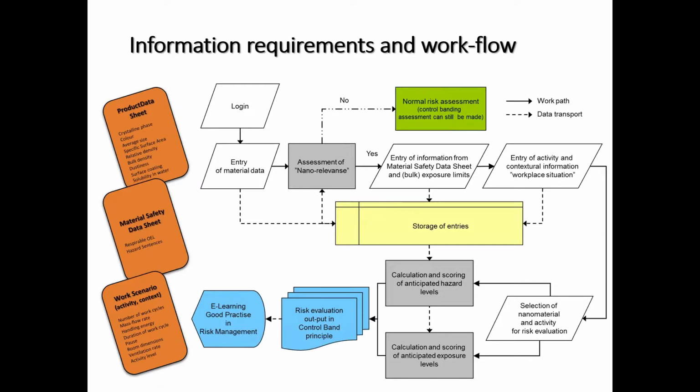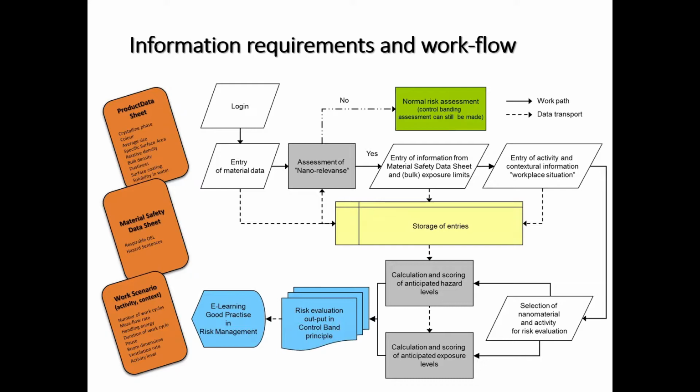So the process is that you log in, you enter your material data, and then there will be an assessment of whether this material has nano relevance, whether it complies with potentially being a nanomaterial. If it does not, it can be possible to do a normal risk assessment, but you can also continue using this tool where just the nano-specific precautionary calculations will be taken off.